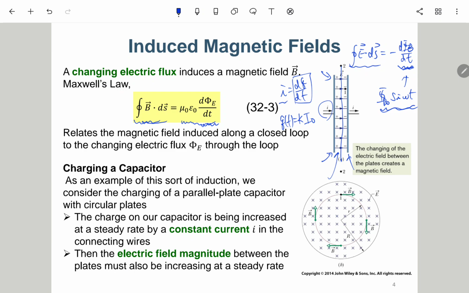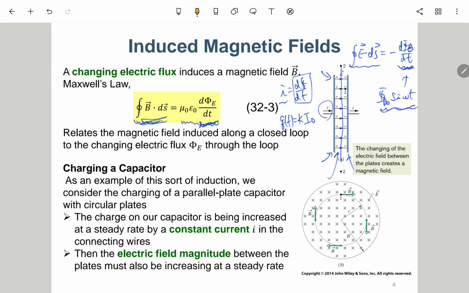There will be a time varying electric flux, and if we have time varying electric flux, we will have an induced B field. In this case, if I is a constant, the induced B field will be a constant.